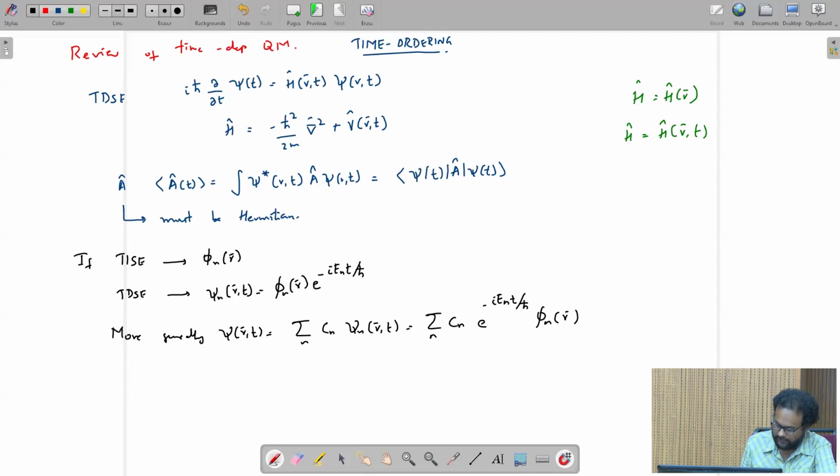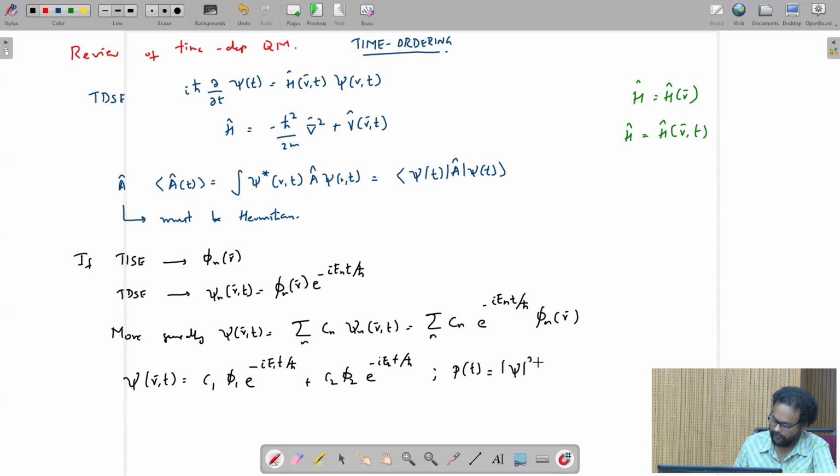So I'm able to write psi to be some C1 phi1 e to the power minus i E1 t over h cross plus C2 phi2 e to the power minus i E2 t over h cross. That is the case. P of t, which is the probability, will be psi squared.